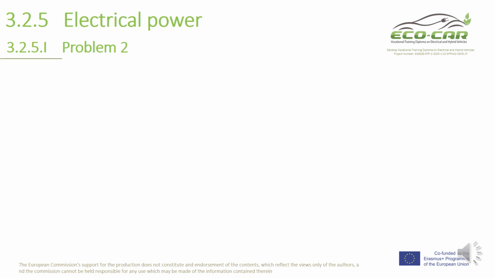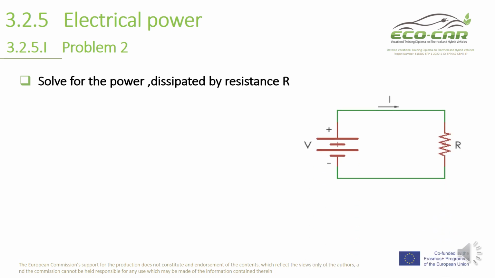Another problem to solve also at home. What is the power dissipated by a resistor R in this circuit if we have 1 amp from the power supply flowing through the resistor R of 100?